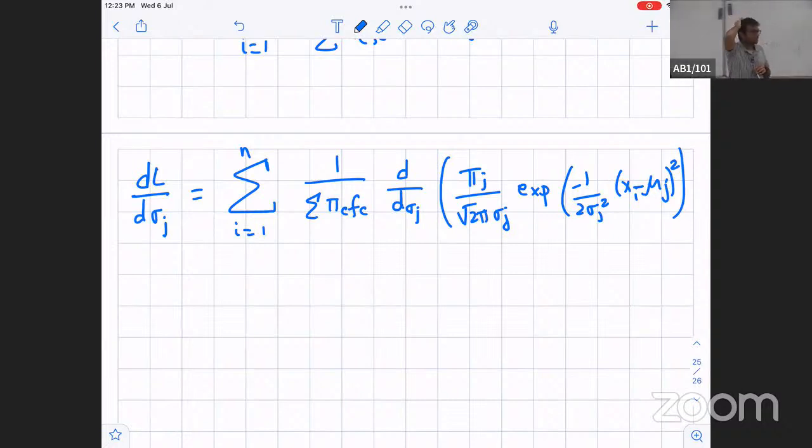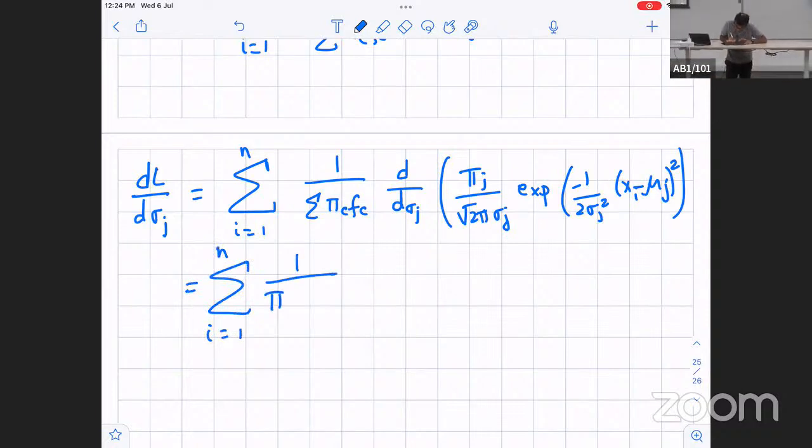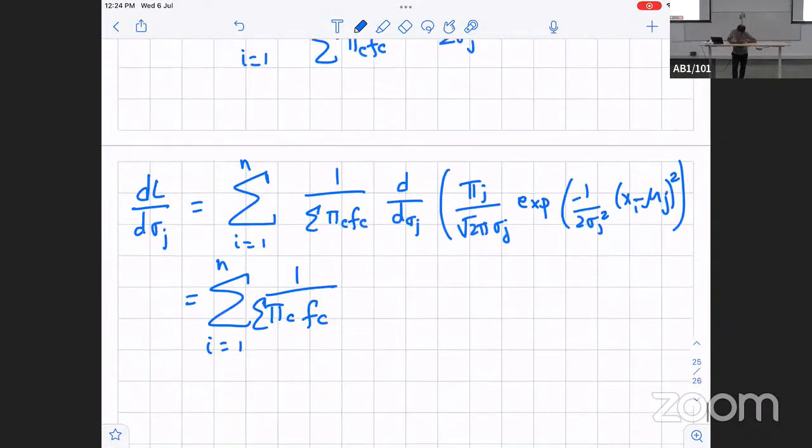It's the product rule, right? So d by dx of f(x) times g(x), you have to use the product rule. When I use the product rule, you can go back and check the authenticity of these things. So if I do that, what do I get?